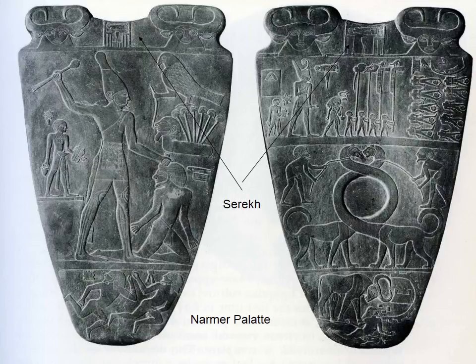So let's start with the top. On both sides of this Narmer palette, you've got an image of a cow. I know it looks like a bull, but it's actually a cow, and this is the goddess Hathor. In between, you've got a rectangular object called a serach. A serach is a representation of a house. And who lives in a house? A person.